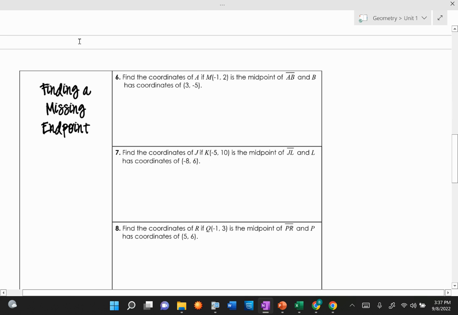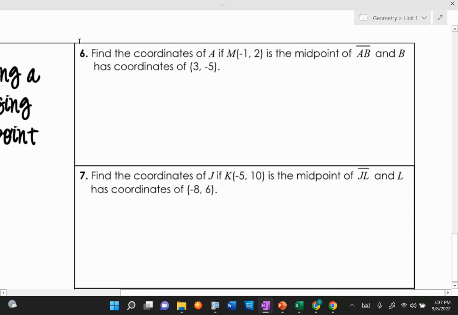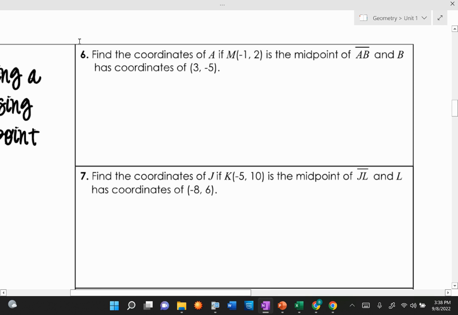Now the fun stuff. So now we're getting into the discovery part of it. What I just gave you was the formula, and then how to put in information to figure out what the answer is.